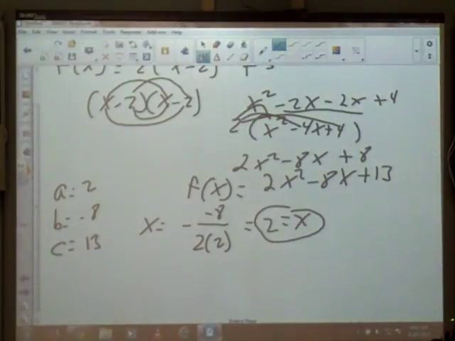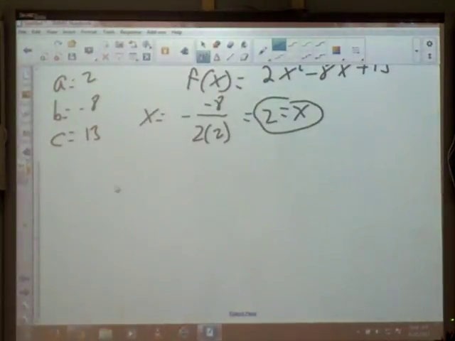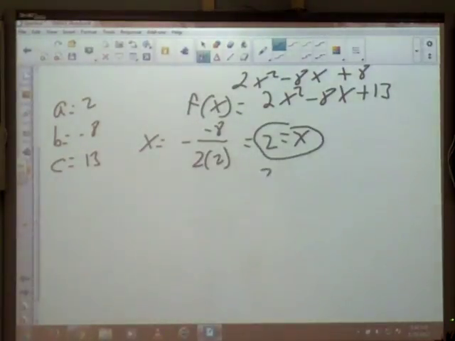Okay, now what do I do to find the other part of the vertex? Because I know the vertex has to go through that 2. So what do I do to find the other part of the vertex? Close. Good. Plug the 2 in for all the x's and solve. Okay, so we're going to say, 2 times 2 squared minus 8 times 2 plus 13.